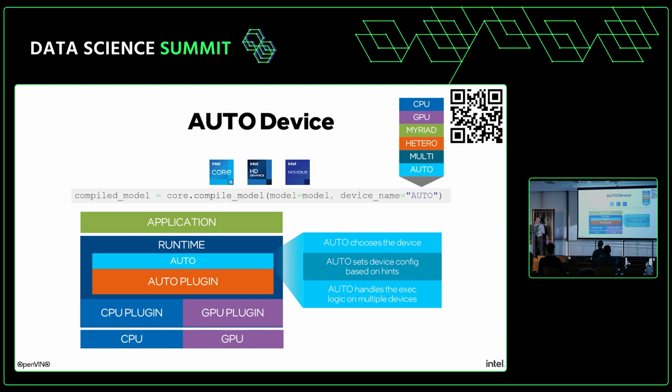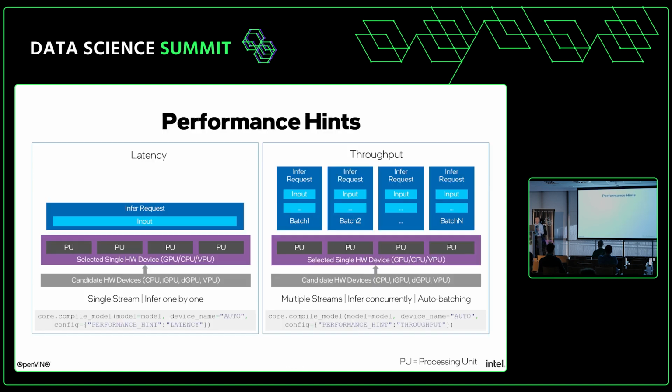And you can also provide some performance hints. Like, for example, you care about latency. So first, AUTO will select one device from candidate hardware device list, and AUTO will create one single stream to all processing units and infer one by one. How to use latency?